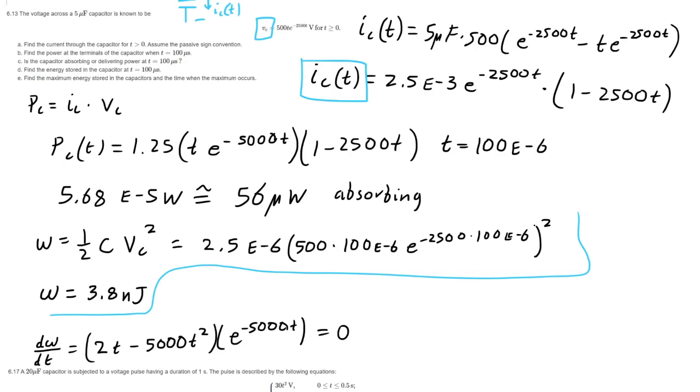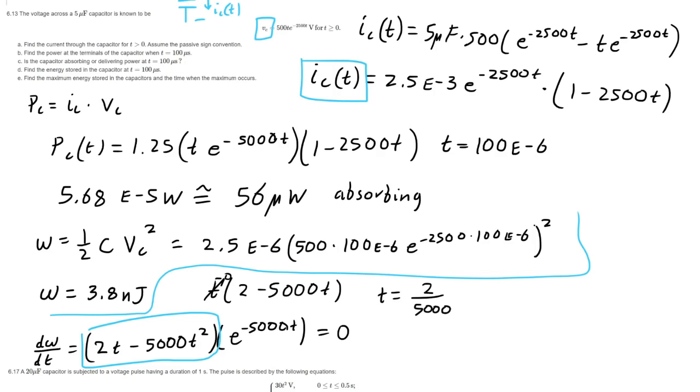If we take the other expression and factor out the t, we get 2 minus 5000 t. t can't be 0 for the same reason we can't have t at infinity. So t is going to equal 2 divided by 5000 seconds.